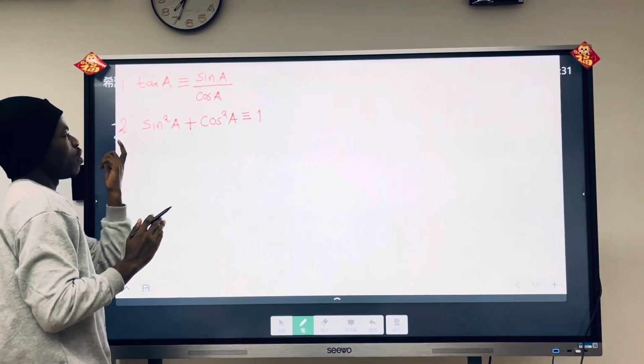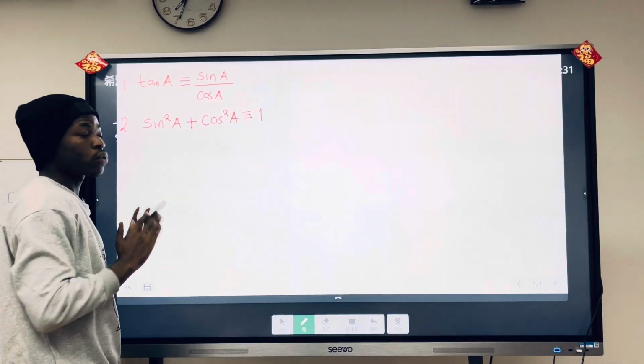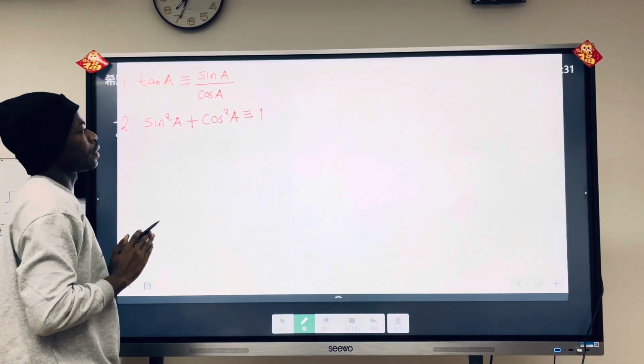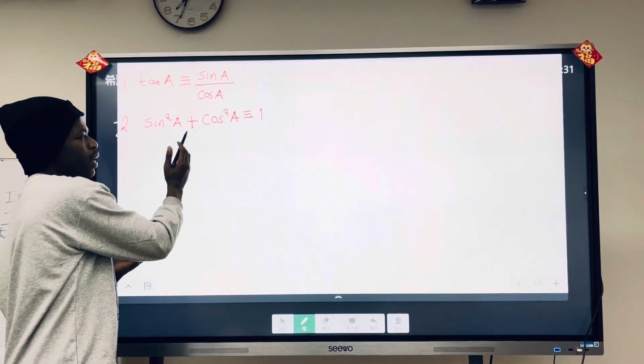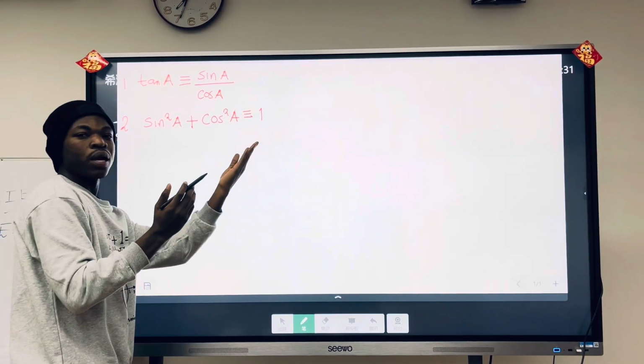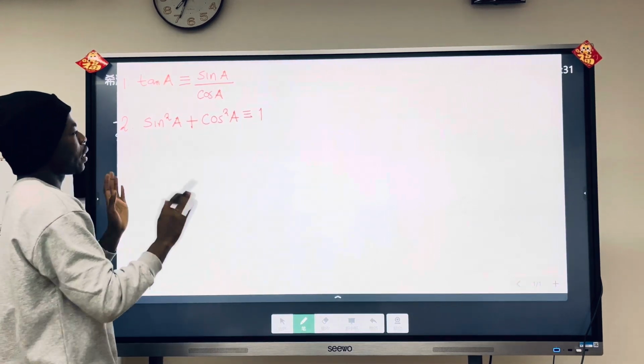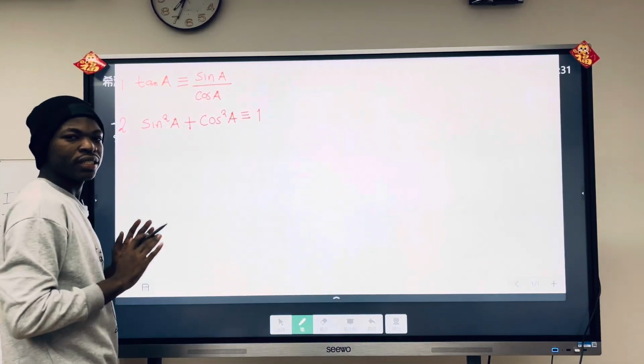Apart from that, we have this famous identity, the so-called Pythagorean identity. It comes from Pythagoras theorem. Sine squared A plus cos squared A is equal to 1. Meaning, I can create a number of identities from here.